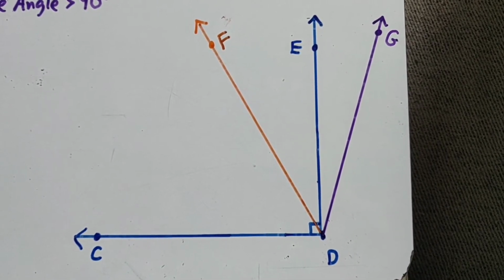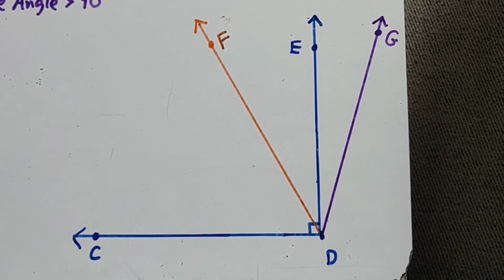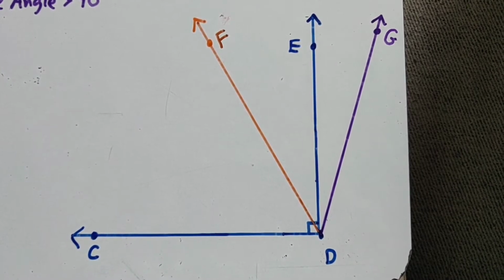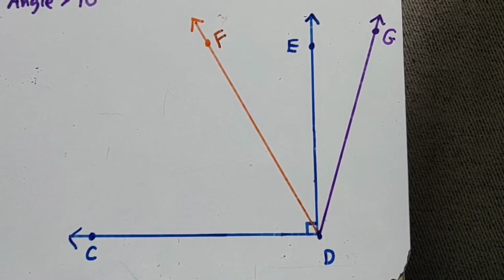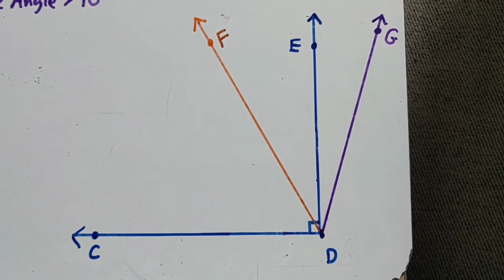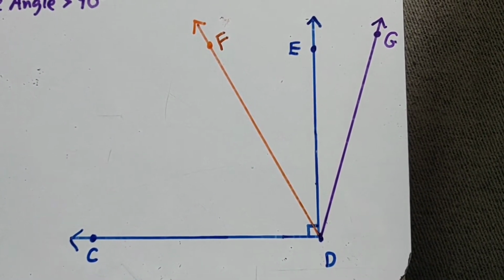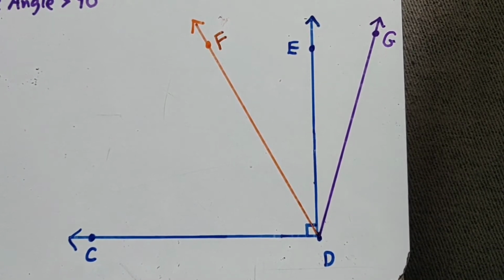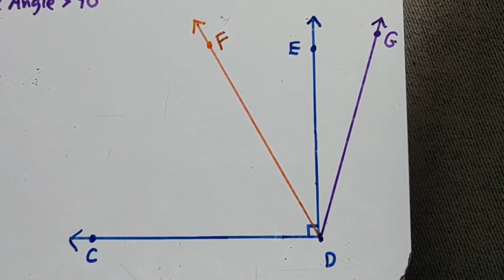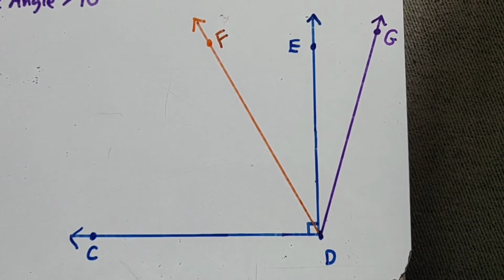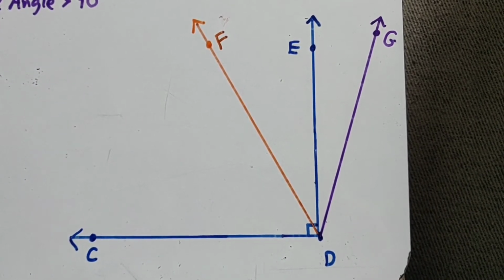Okay, welcome back. If you said that angle CDF, so the angle that's formed when you look at how far ray DC is from ray DF, or the amount of turn from ray DC to ray DF, which we call angle CDF. If you said that's an acute angle, you're correct.